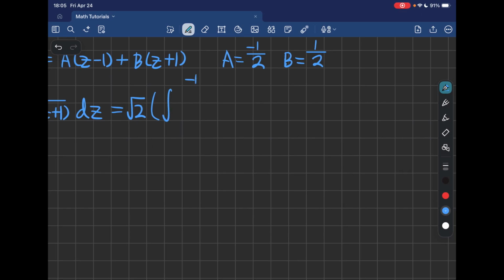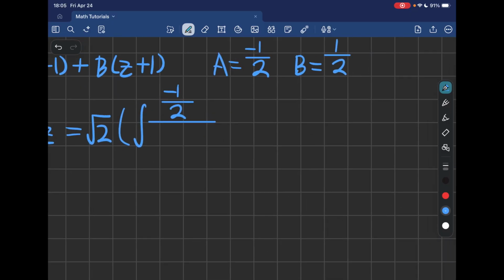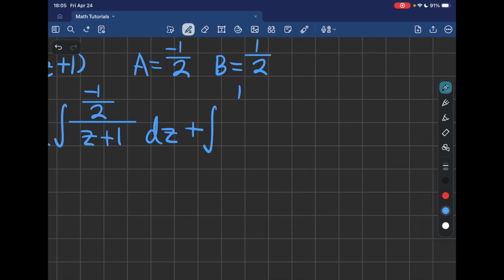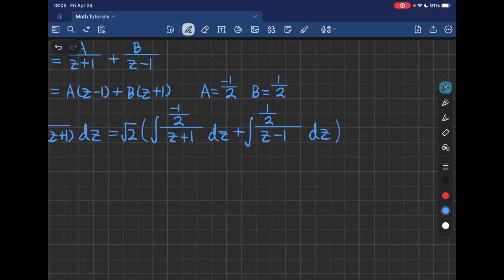So we have negative 1 over 2 on top first. That's over z plus 1 dz. Then we have plus the other one starting with 1 over 2 on top, and then z minus 1 dz, parentheses.